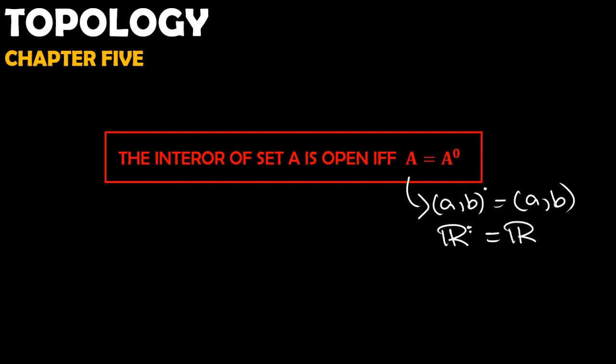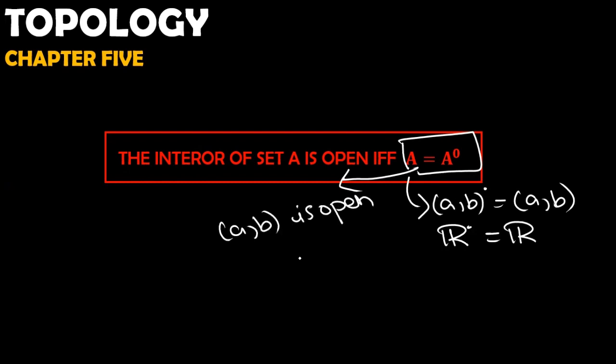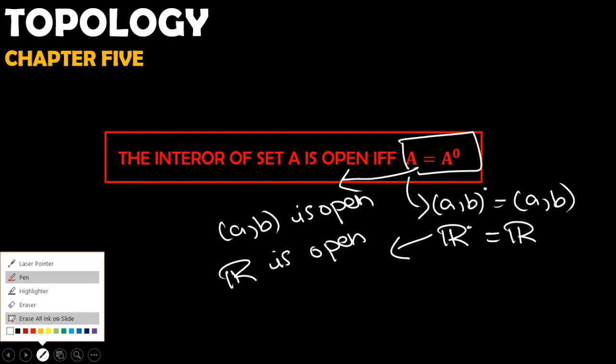Then from this theorem, I can say that the open interval (a, b) is open because its interior is equal to itself. Similarly, I can also say that the real number line is open because its interior is equal to it. I hope you understand, this is a very important point.